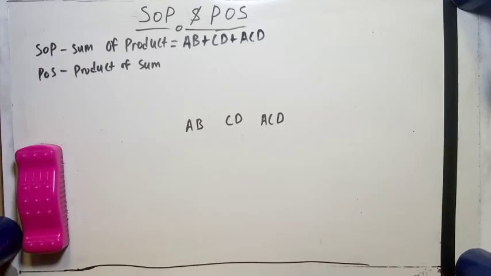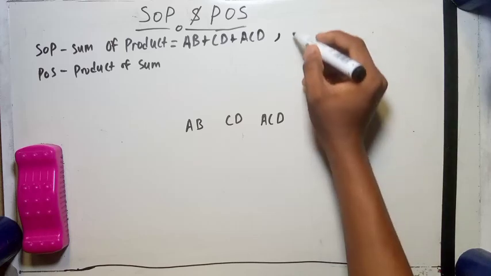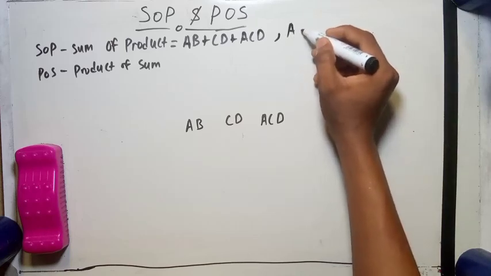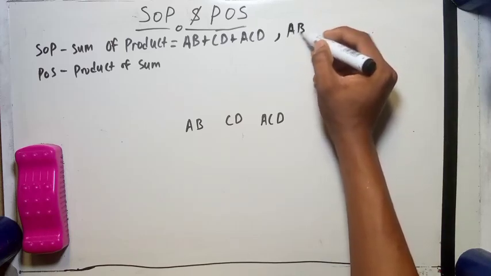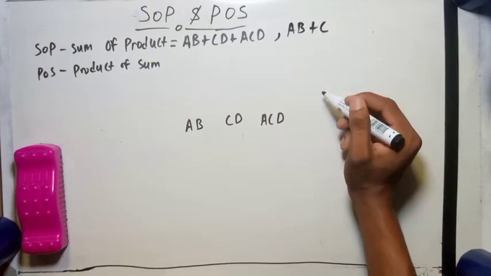Okay. Now another example. They are numerous, but I'll be solving with this other example. Another example can also be your AB plus C. This is another example.